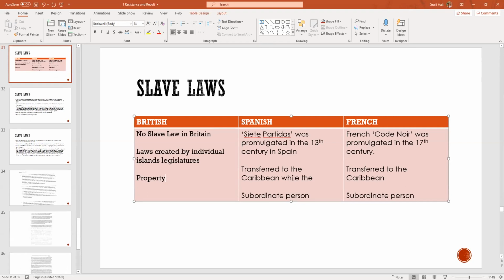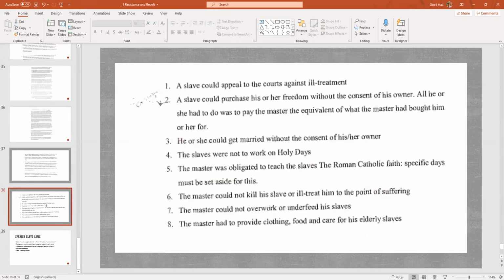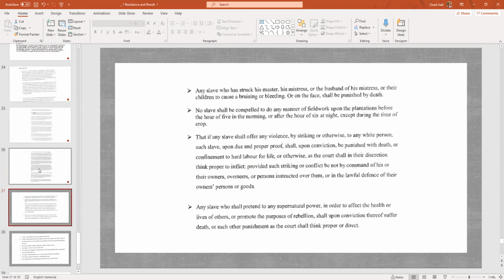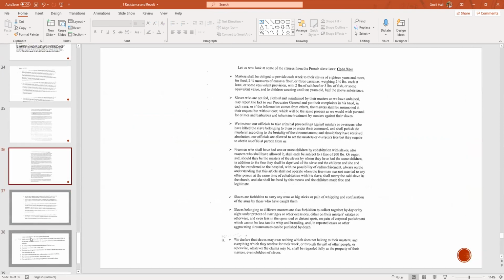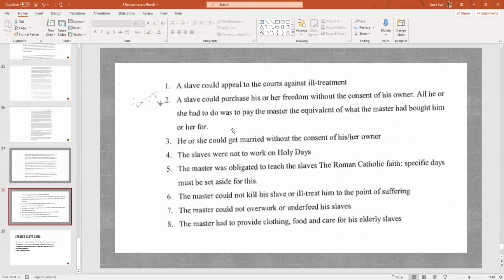Now, if we look at the Spanish slave laws, these are some examples. Somebody recap the things in the Siete Partidas. Read it for me, please.